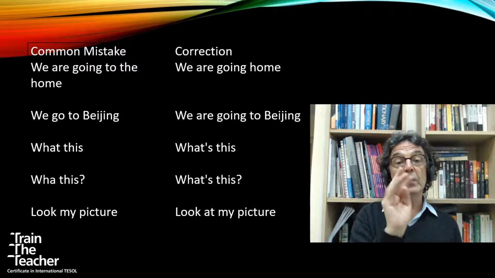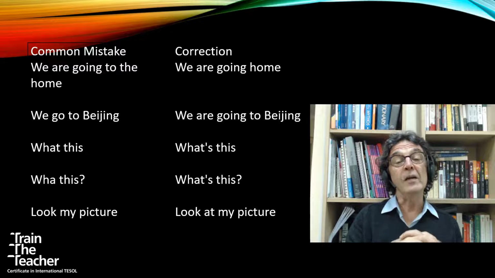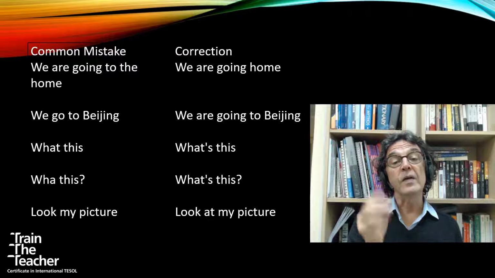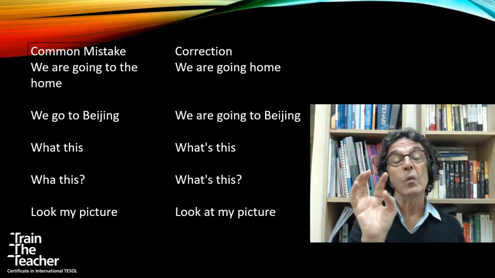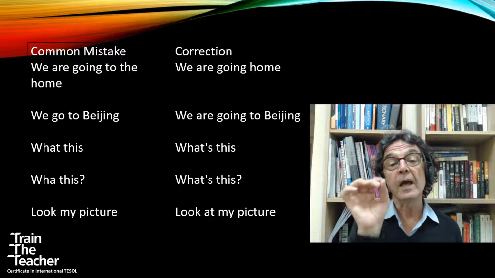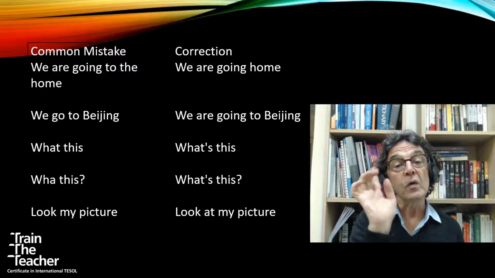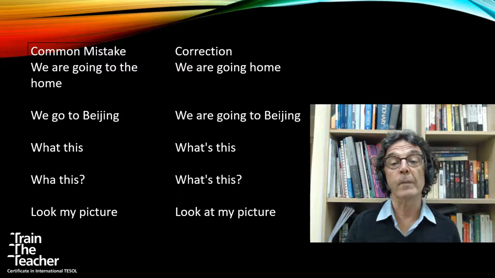So when you say "we are going to the home", you mean to an institution. When you mean you're going to the place that you live, then you get "we are going home". Home is an adverb. And of course, you can't have "we are going to home", because you can't have a preposition coming before an adverb.